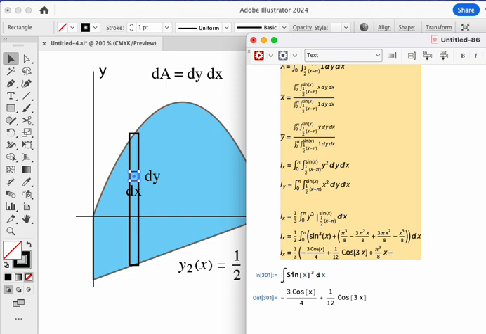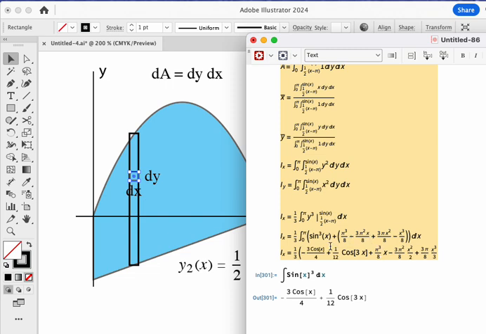And then I got minus 3 pi squared over 8 times x squared over 2, plus 3 pi over 8 times x cubed over 3.